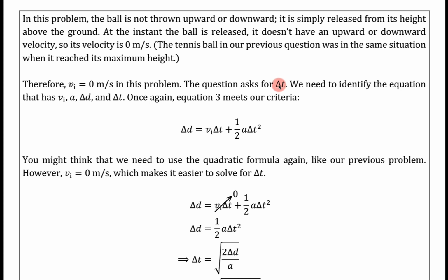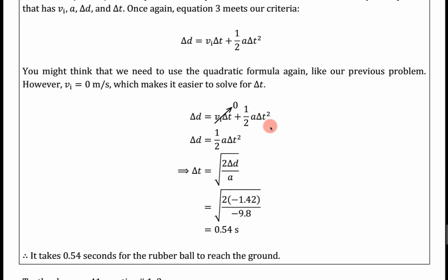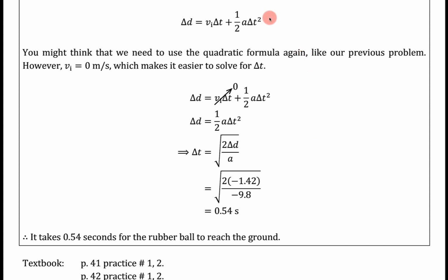Question asks for delta t. And so we need to identify the equation that has our variables. This is actually equation 3 again. So here's equation 3. Oh dear, we have equation 3 again. This equation is quadratic in delta t.